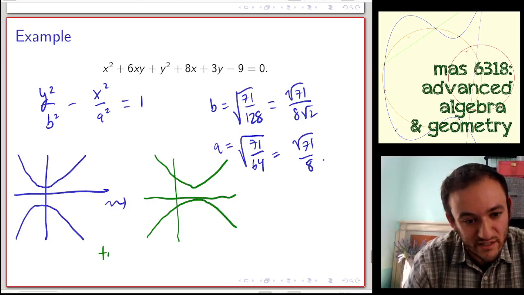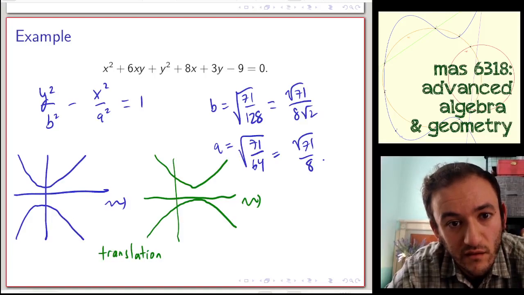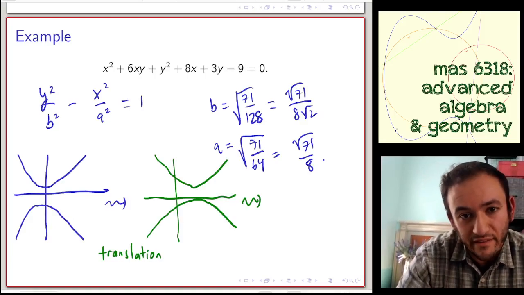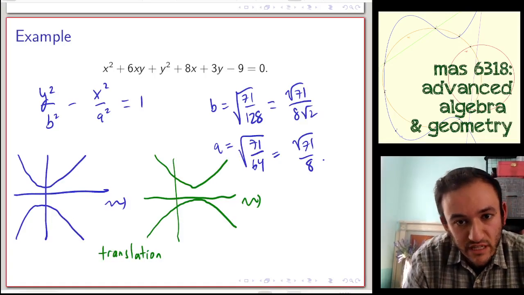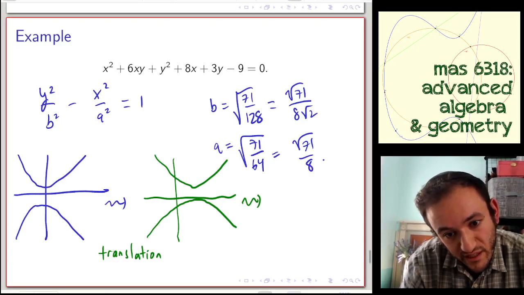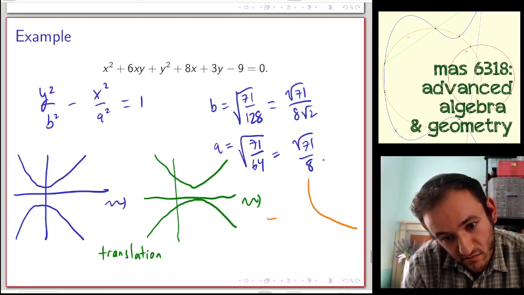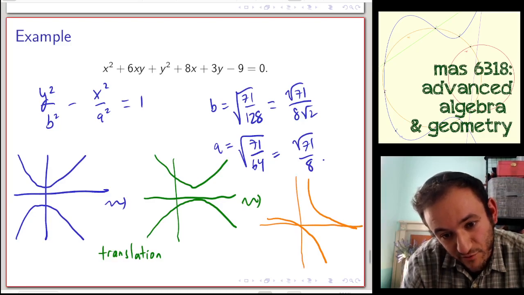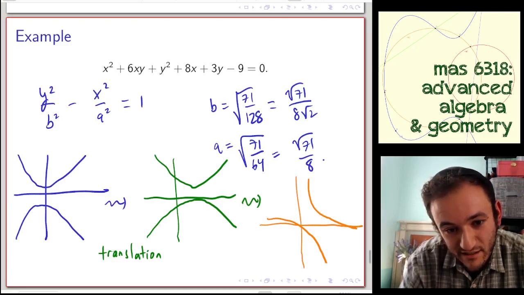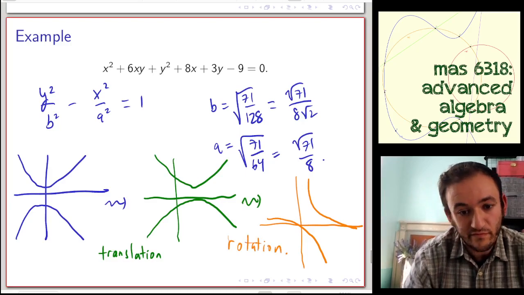So this is the translation from completing the square. And the change of basis was a rotation of about 45 degrees, so we would get something that looks like that, roughly speaking, after rotating this object.